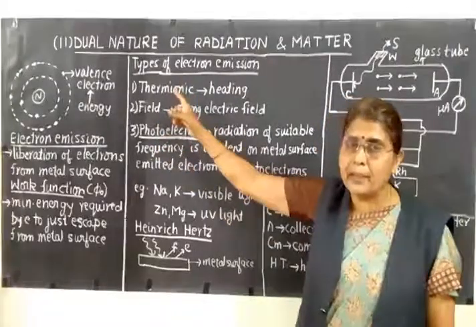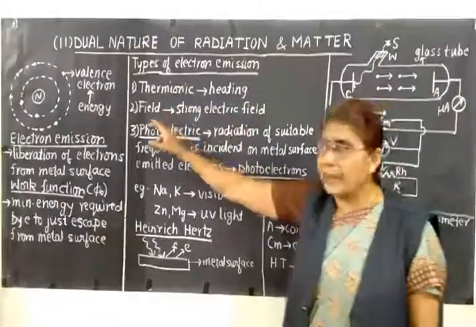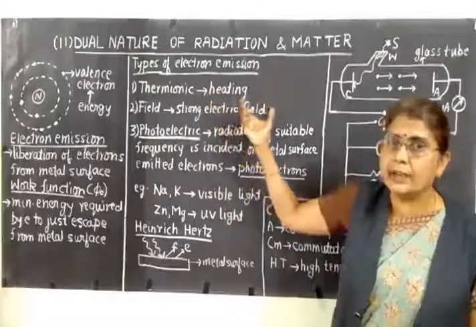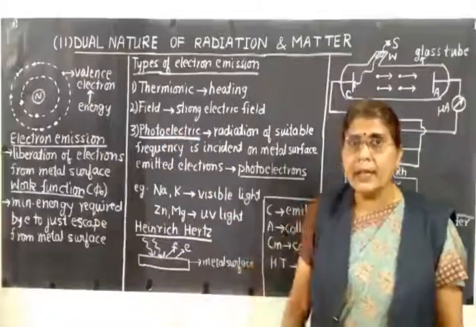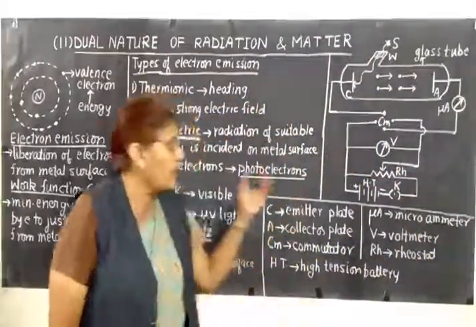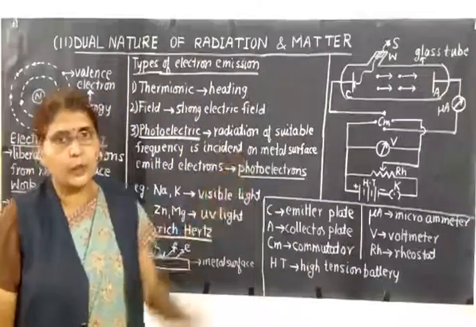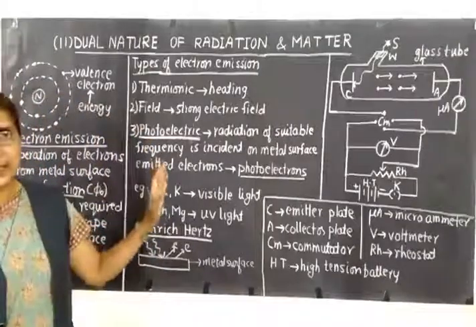Thermionic emission is emission of electrons by heating the metal. Field emission is emission of electrons by applying a strong electric field to the metal. And photoelectric emission is the emission of electrons from a metal surface when radiation of suitable frequency falls on it.